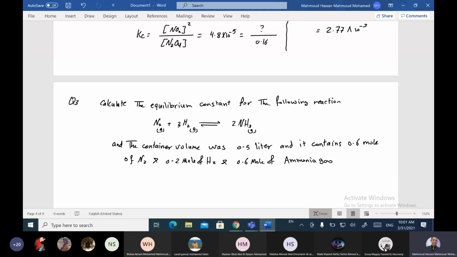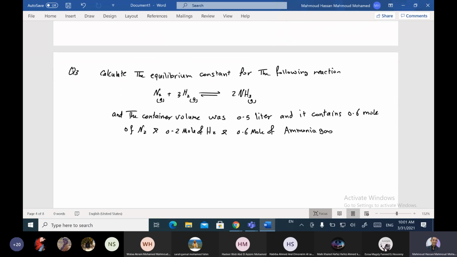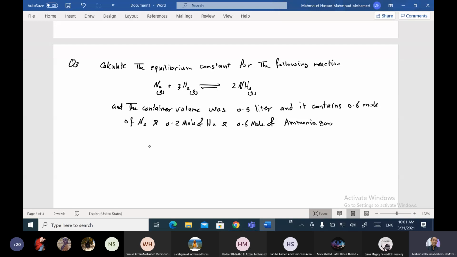To solve this, we must first calculate the concentrations. Number of moles equals molarity times the volume in liters.